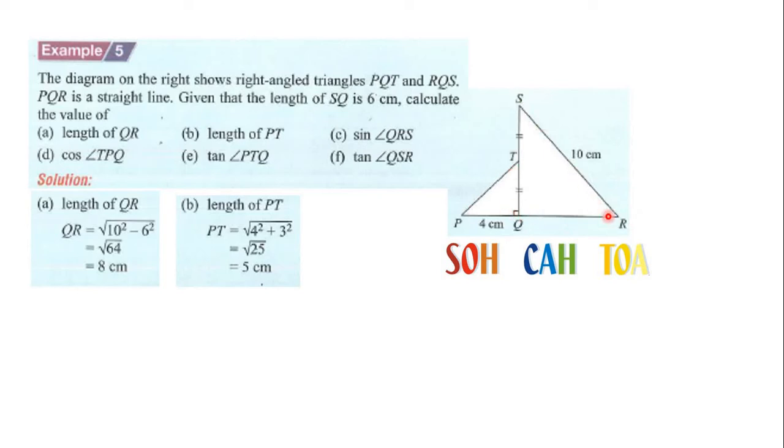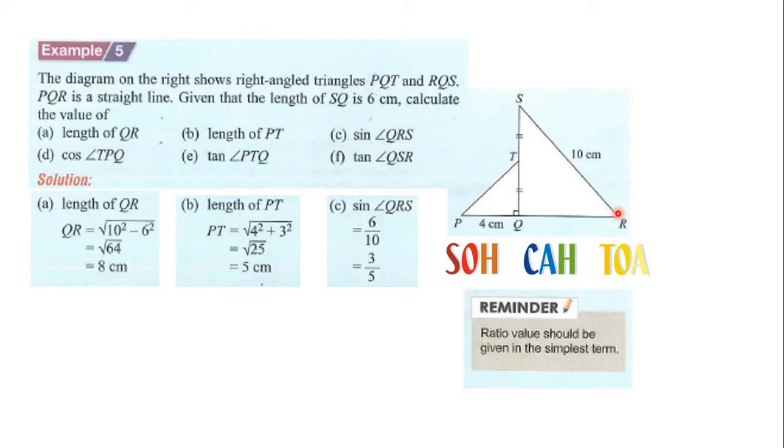So angle at R, sine is opposite SQ over hypotenuse SR. So sine QRS is 6 over 10, and a reminder, ratio value should be given in simplest term. You get 6 over 10, then you simplify into 3 over 5.